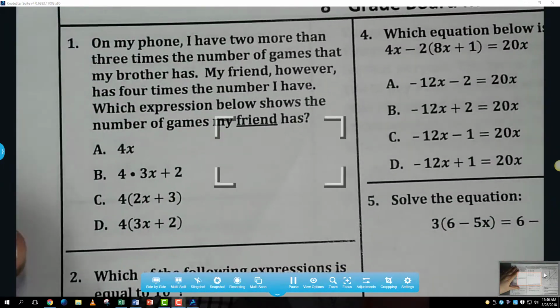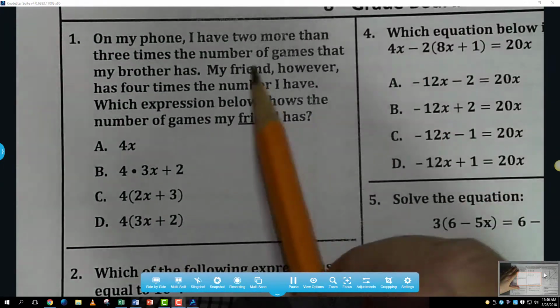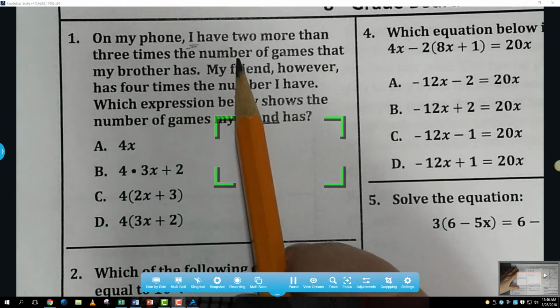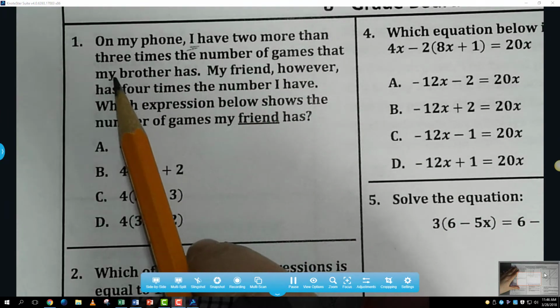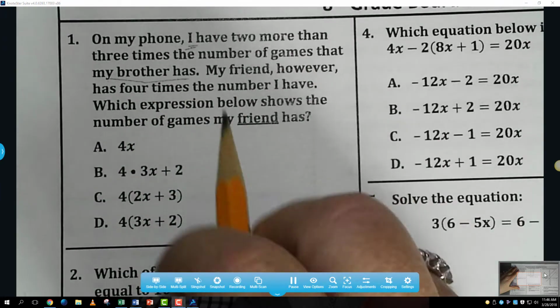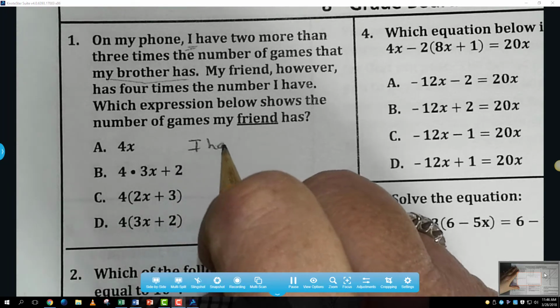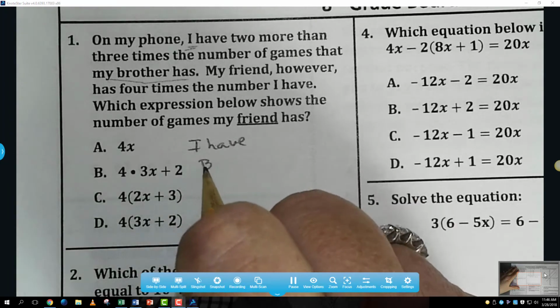Okay, problem number 1. On my phone, I have 2 more than 3 times the number of games that my brother has. Okay, so I have, and then my bro has.